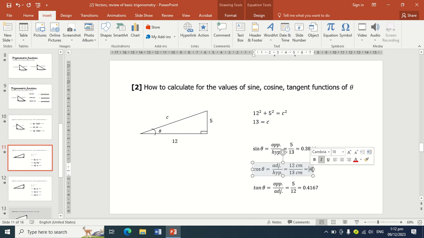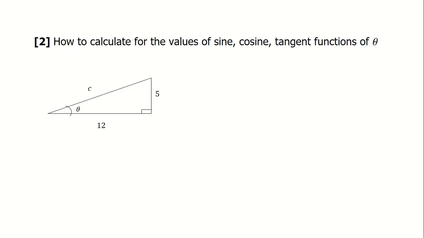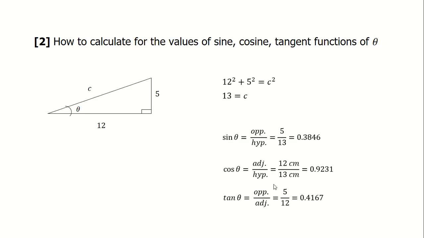Okay, so 12 over 13 is 0.9231. And solving for the tangent function, opposite is 5, adjacent is 12, 0.4167. Okay, so this is very procedural. Just don't make mistakes identifying which is the opposite side, which is the adjacent side.